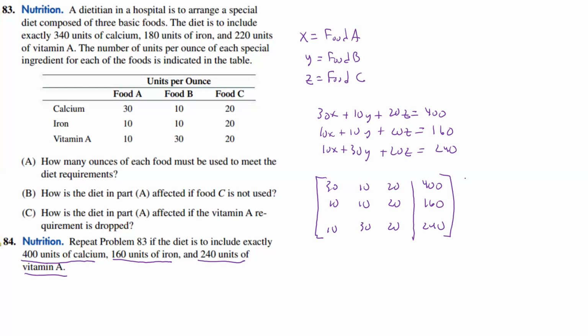And so what I'm going to say is let's take 1/10 of row 2 and interchange it with row 1. Okay, so that's going to put a 1/10 of that there. And now once we have that, we can start doing calculations, or what we could do actually. Let's do this.